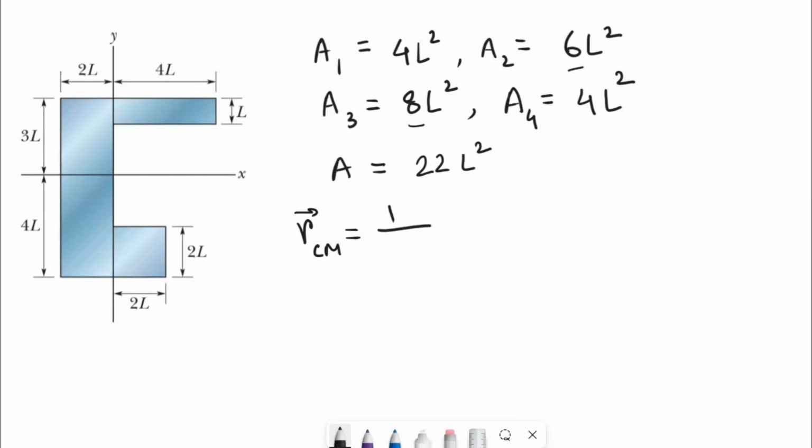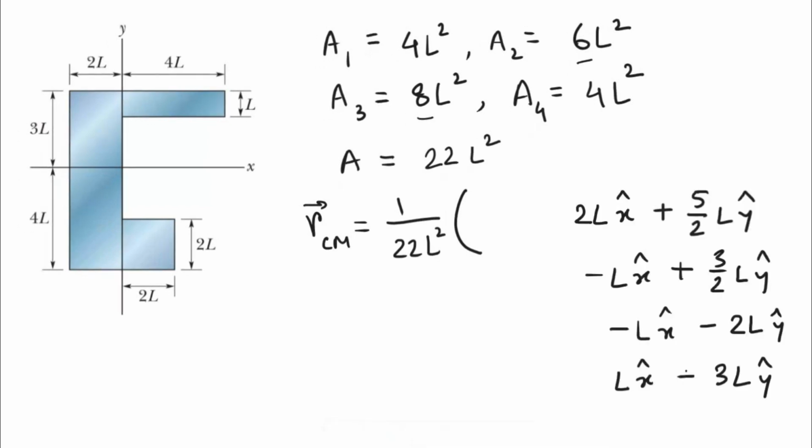Therefore the center of mass is going to be 1 over 22L squared times, well, I have to go back and copy all the positions that we have here. So the first one is R1, the second is R2. You get the flavor. We just multiply them with the corresponding mass.